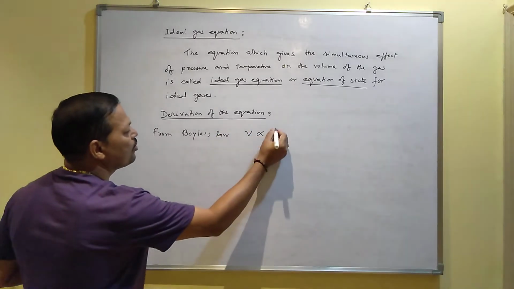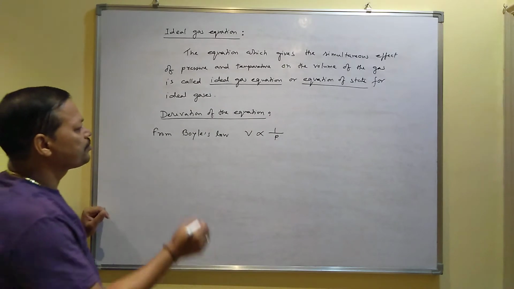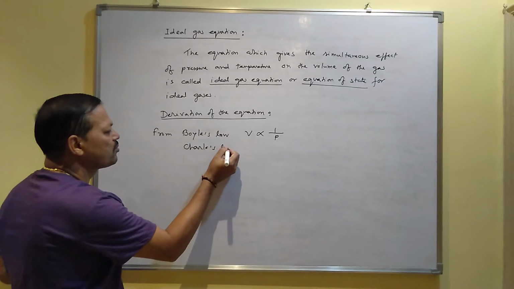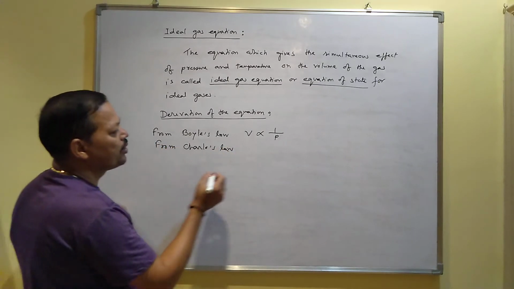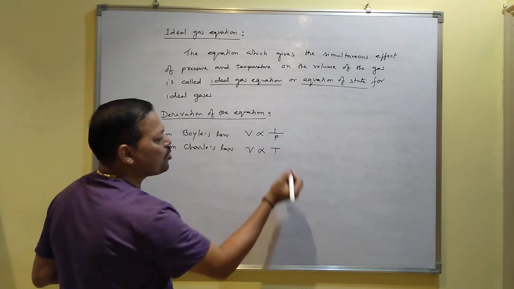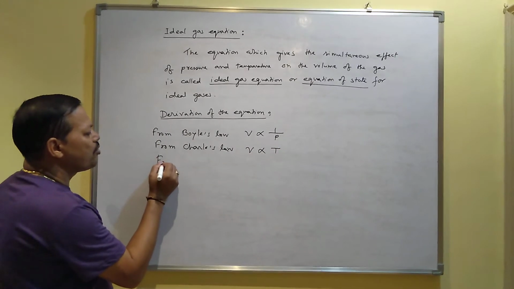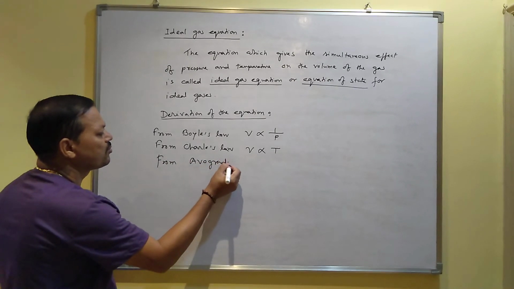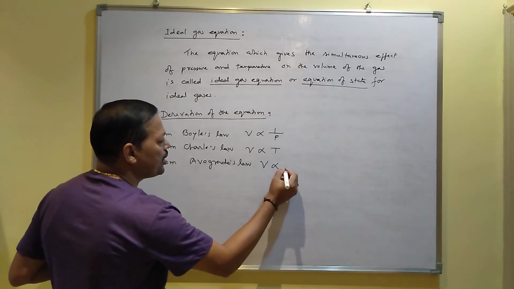V proportional 1 by P at constant temperature and number of moles. From Charles' law you have got V proportional T at constant pressure and number of moles, and from Avogadro's law you have got V proportional n.